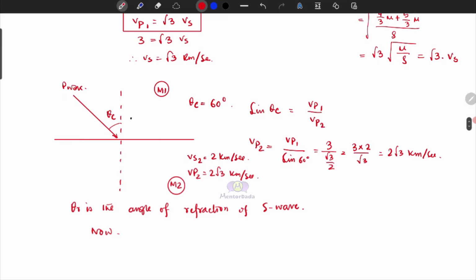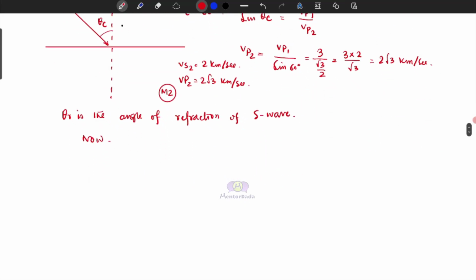So now again we will consider Snell's law, that is sine of theta i by sine of theta r equals Vp1 by Vs2.